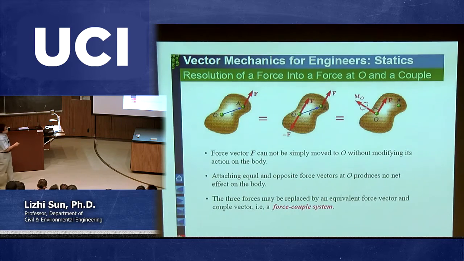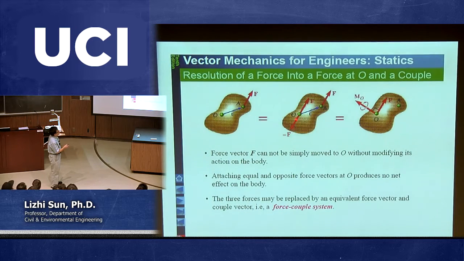The reason we keep talking about the moment due to a couple is because once we have such concept, we can move a force from one point to another one. And this is always the illustration I would like to use. For example, if you have a force acting on point A, for whatever reason you want to move this force at point A to point O, what you're going to do is you virtually add 2 forces in this direction.